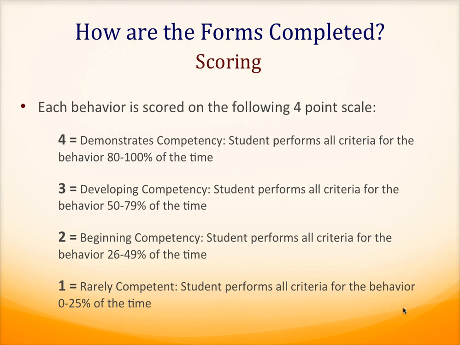The student performs all criteria for the behavior 50 to 79% of the time. 2. Beginning competency. The student performs all criteria for the behavior 26 to 49% of the time. Or 1. Rarely competent. The student performs all criteria for the behavior 0 to 25% of the time.